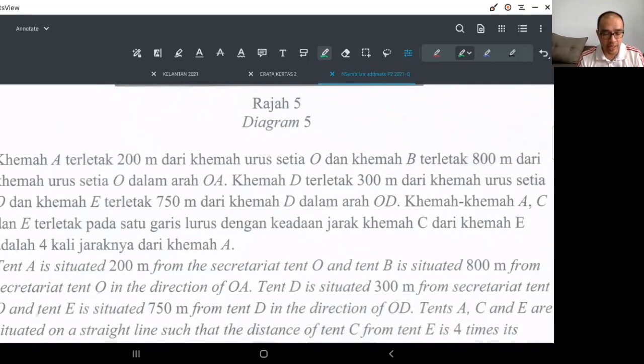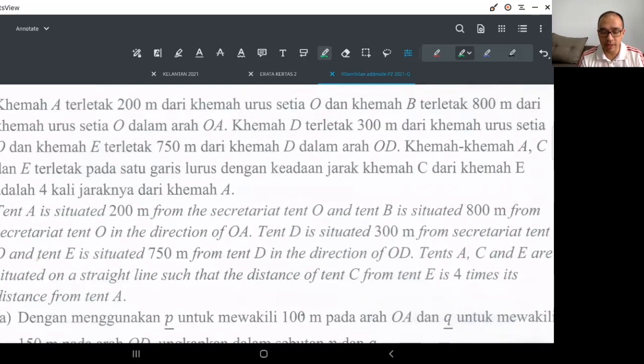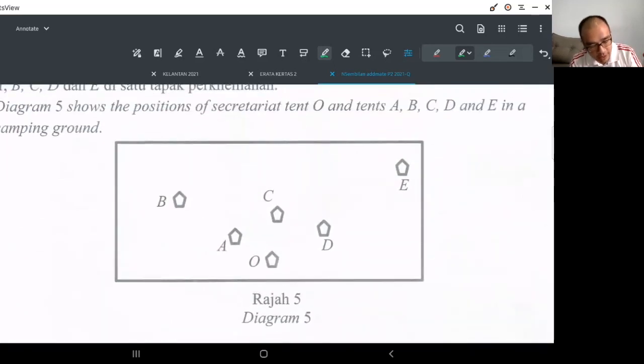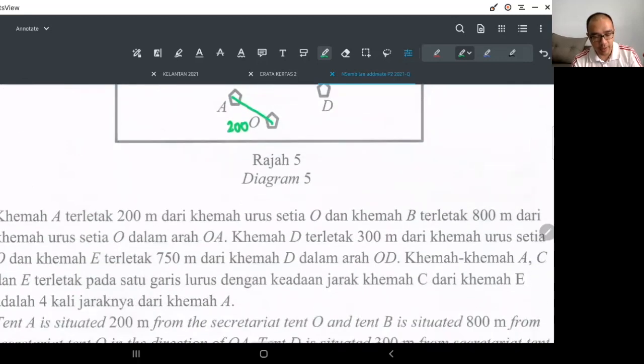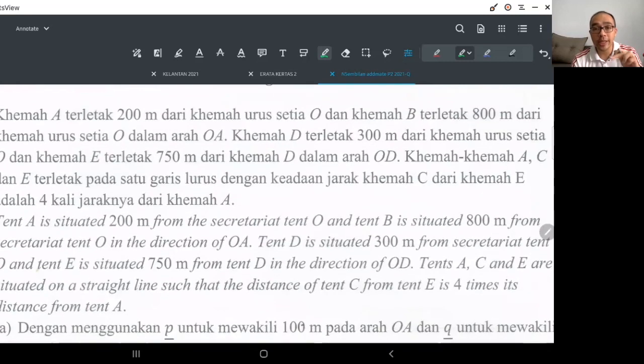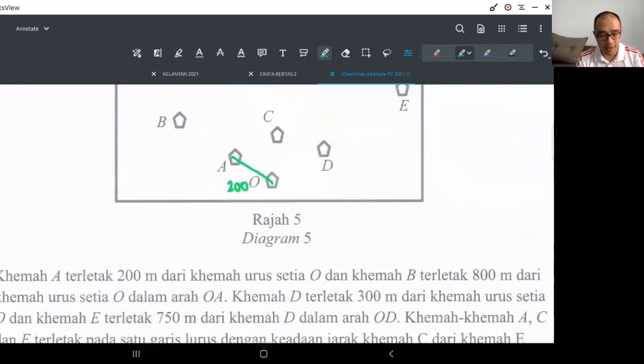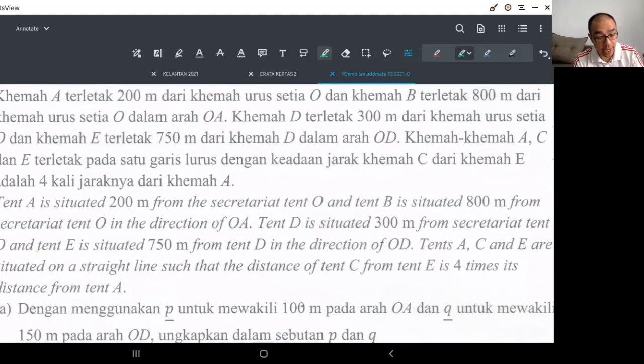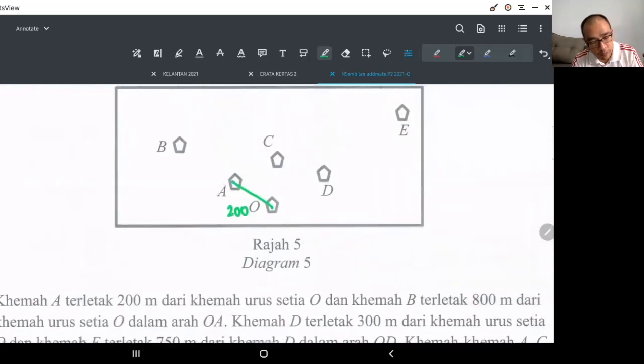It says that 10A is situated 200 meters from the secretariat 10O, so this to here is 200 meters. 10B is situated 800 meters from secretariat 10O in the direction of OA, which means it is in one line. So I'm going to extend this. Now, if it is 800 meters, then I know this is 600 meters. I'm going to put points over here.